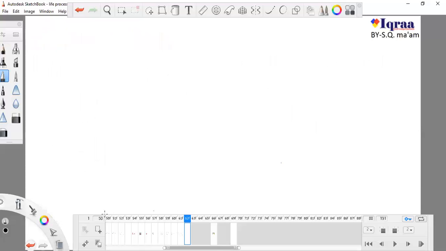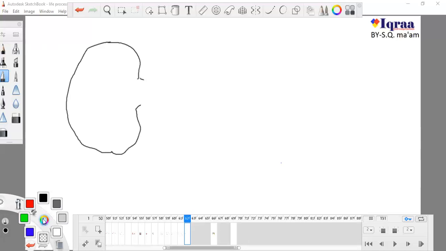So let me draw, this is our kidney. I'm drawing one kidney. Every kidney works in the same manner. So in this kidney, blood enters.